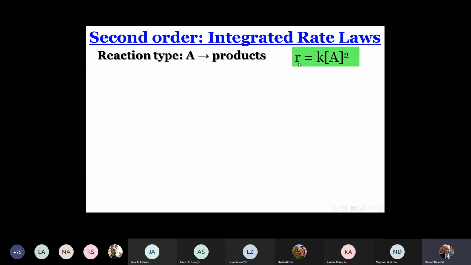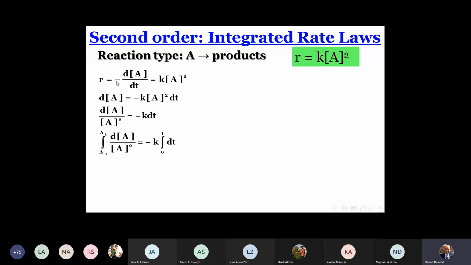That means the rate law expression is given by r equals k A squared. Instead of r, we will put rA, since the rate of the reaction is directly related to rA. So r equals rA, minus dA divided by dt equals k A squared. So dA divided by A squared equals minus k dt.